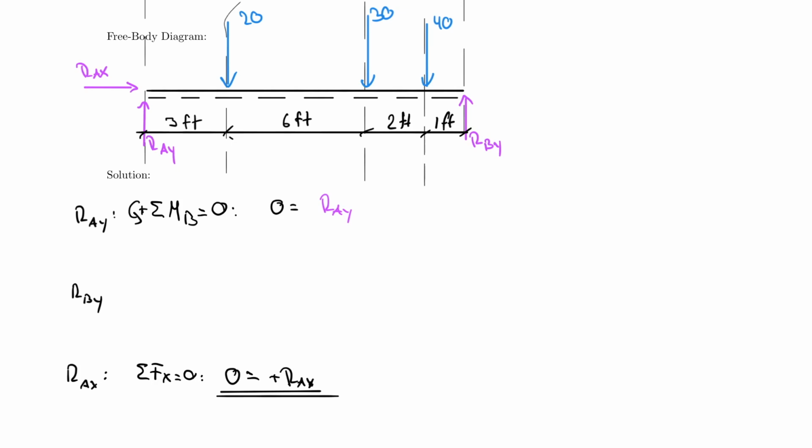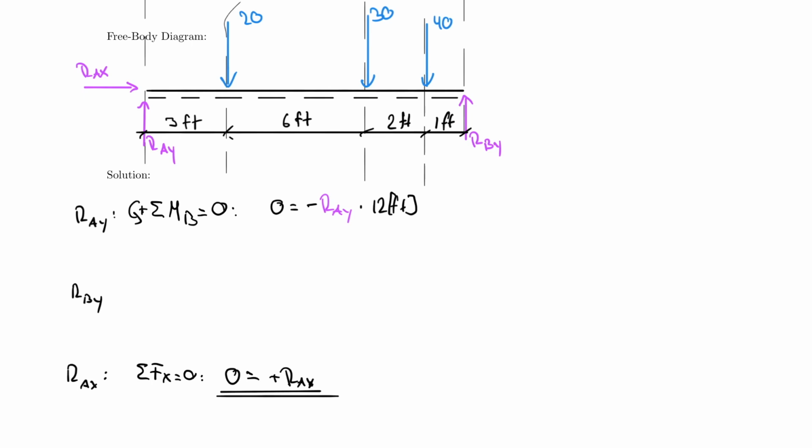And now I can use those dimensions to calculate my lever arms. So the entire structure is 12 feet long, if I'm not mistaken. Therefore, my RAY has a 12-foot lever arm. And now the question is, does RAY turn clockwise or counterclockwise about this point? It turns clockwise, therefore it's negative. And now I have to deal with all my other forces.